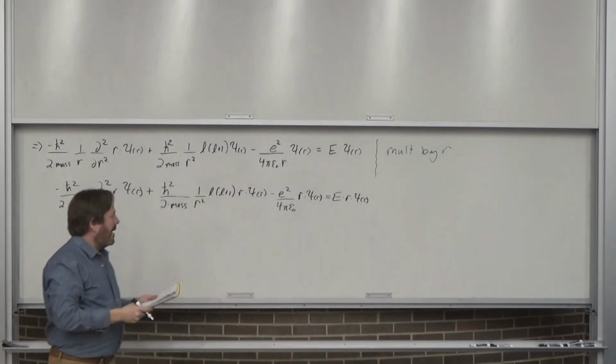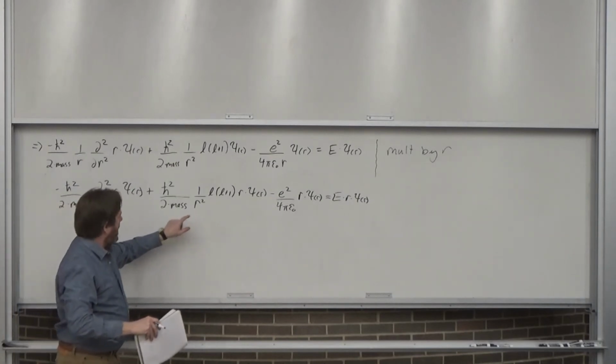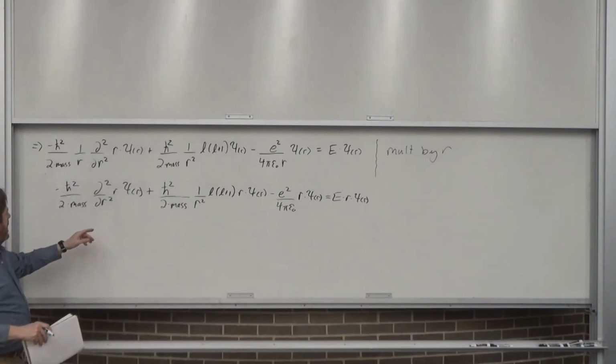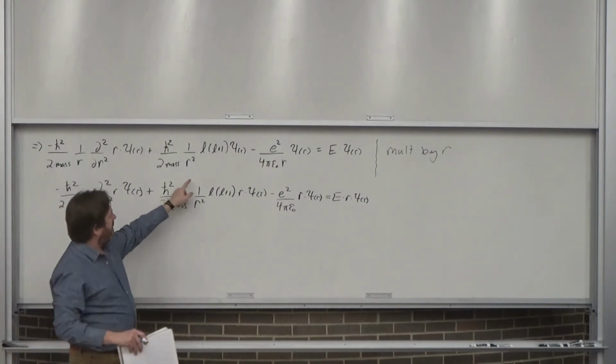All right, there you go. Notice I did something funky here. I've multiplied everything by r, and so this 1 over r is now gone. That makes sense.